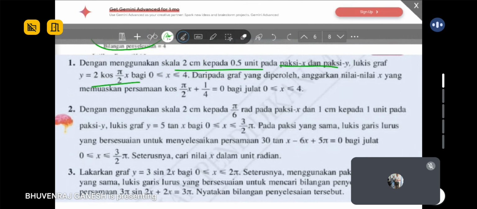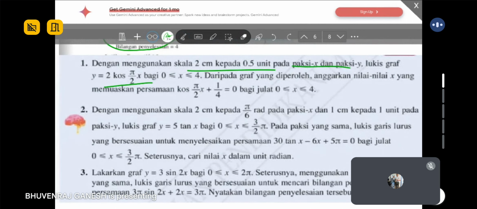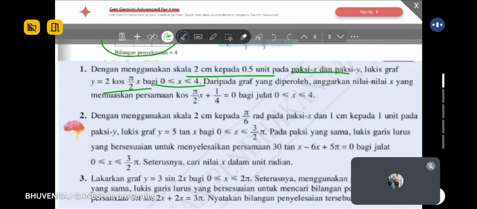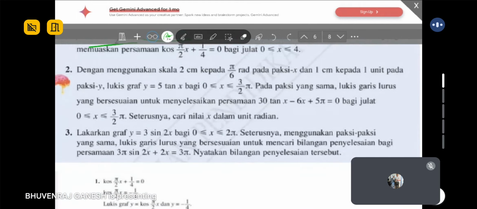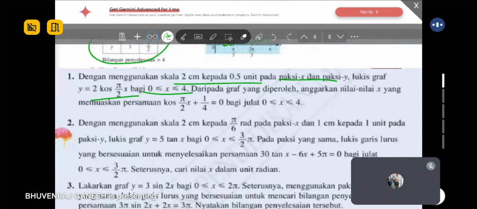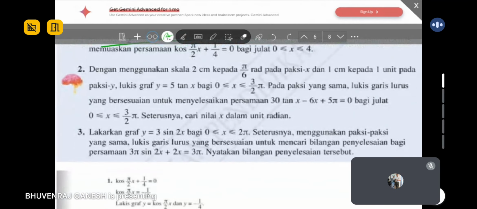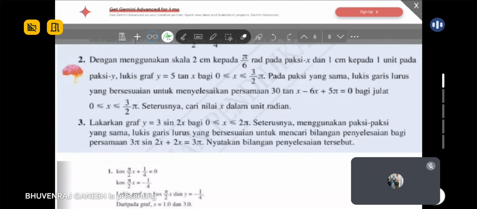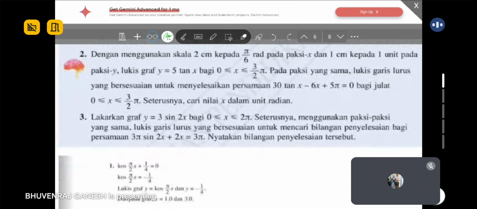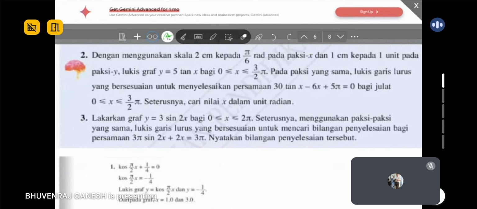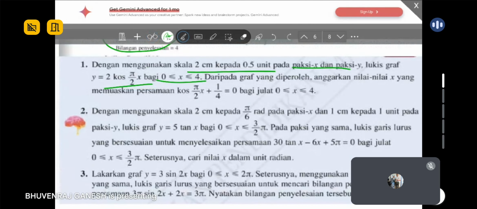They ask you to draw this graph, 2 cos pi over 2x. The x values are already given. First of all, you must try to get the x value. You can use this equation.